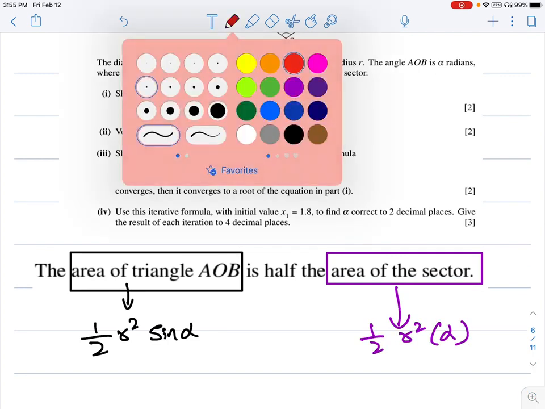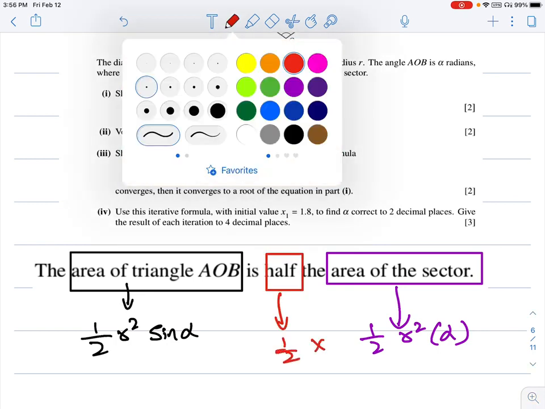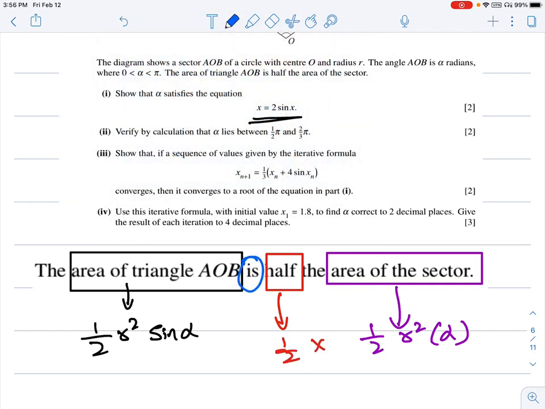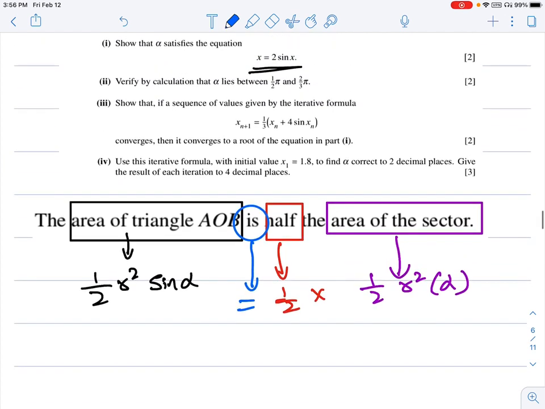But there is one word in between, which is that half, and the word is, is. This means equal to. So I break down that word and I got it out. So from there I should be able to solve and get that one.